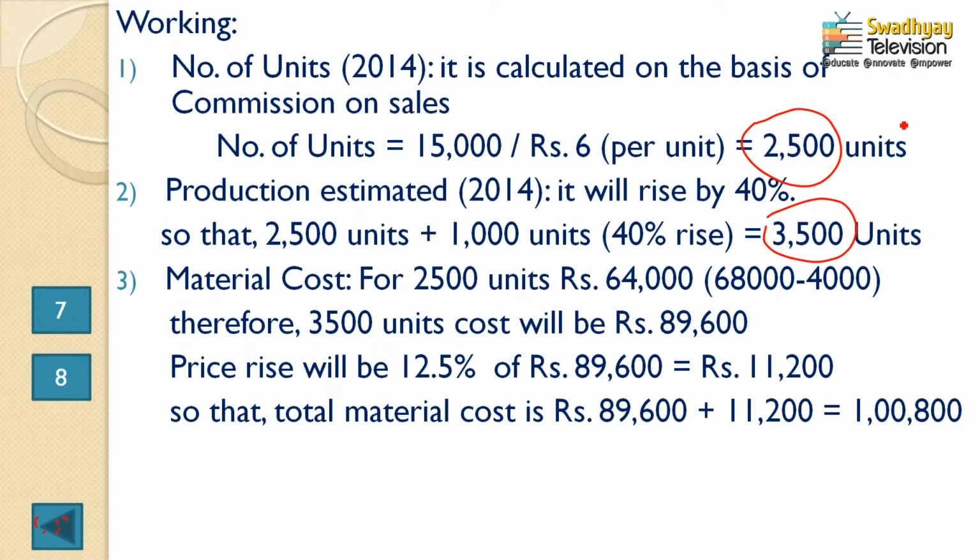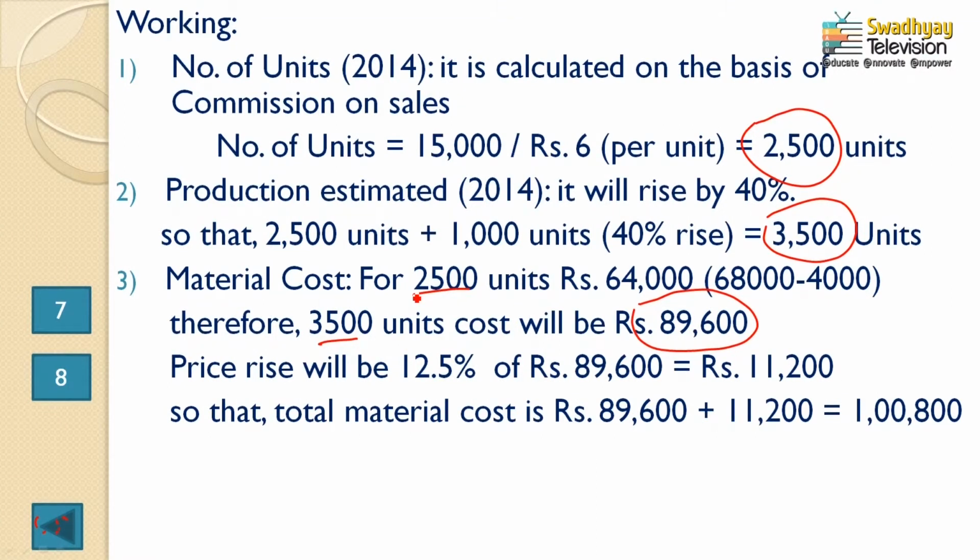Now the units increase by 1000 in the year 2014. So for 3500 units, this cost would be 89,600 rupees. On the basis of the proportion change from 2500 to 3500, the material cost has increased to 89,600 rupees. This is the first part. Now the adjustment is that the material price will increase by 12.5%.